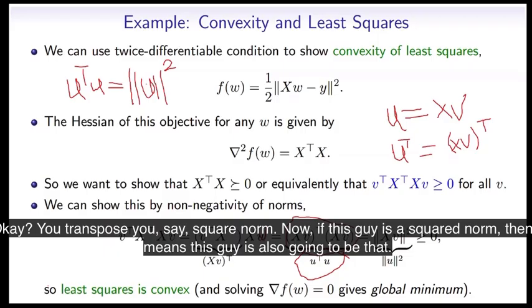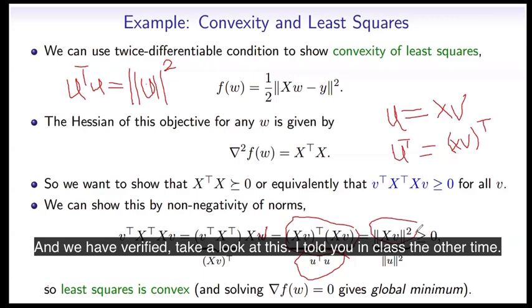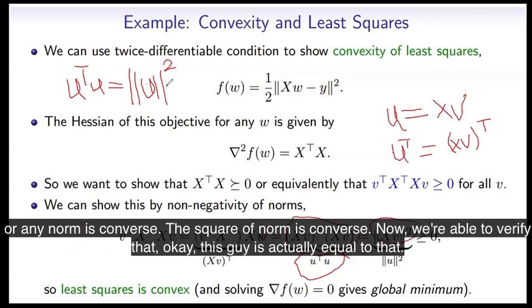Now, if this guy is a square norm, then it means this guy is also going to be that. And we have verified. Take a look at this. I told you in class the other time, any norm is convex. The square of a norm is convex. Now we're able to verify that this guy is actually equal to that.